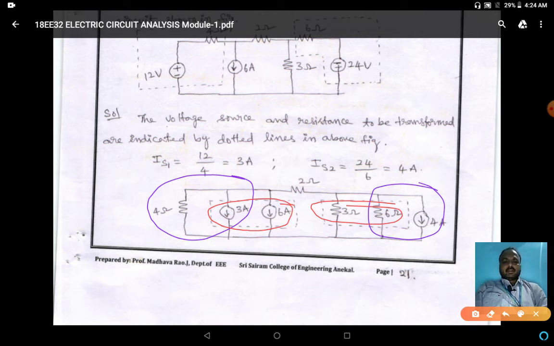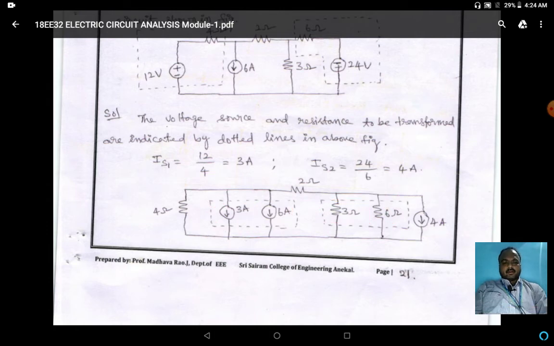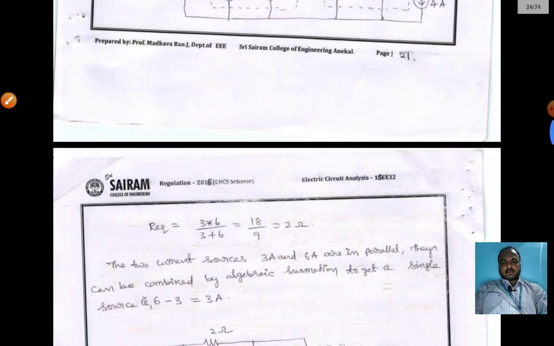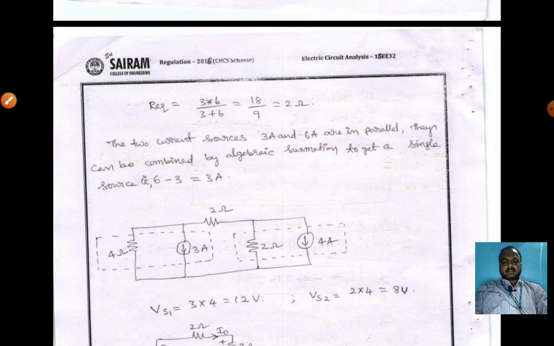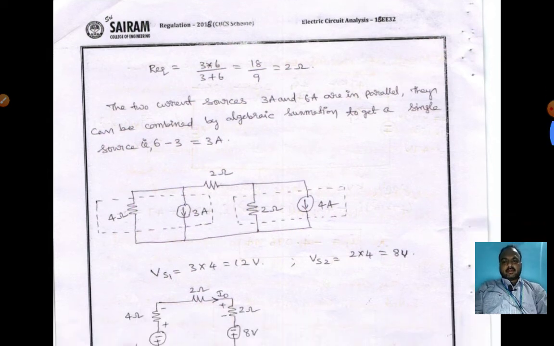Convert into a single current source and a single resistance. The resistance value is 2 ohm and the current is 6 minus 3, which is equal to 3 amperes.